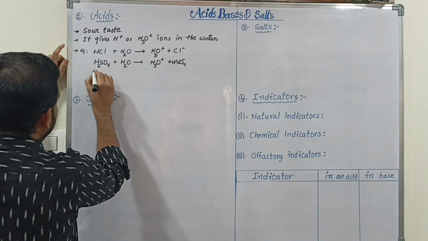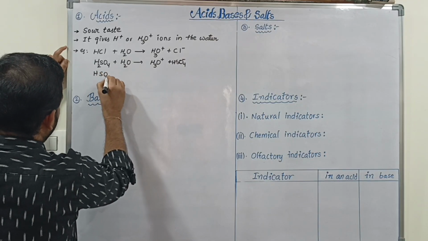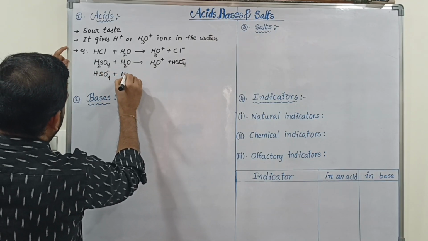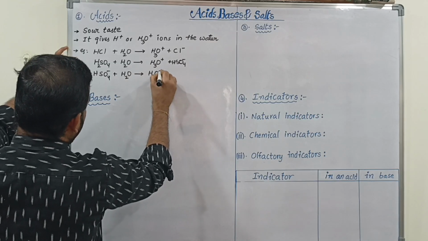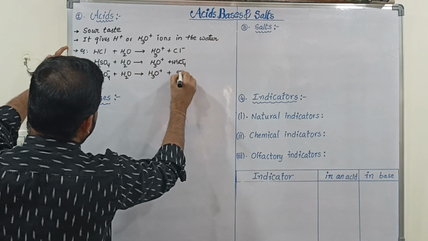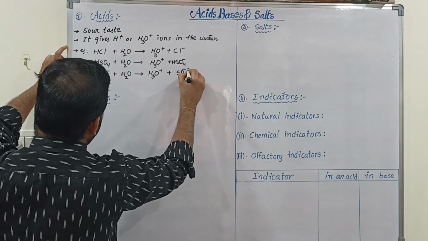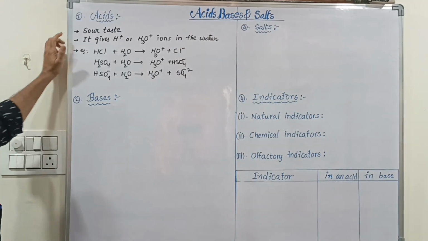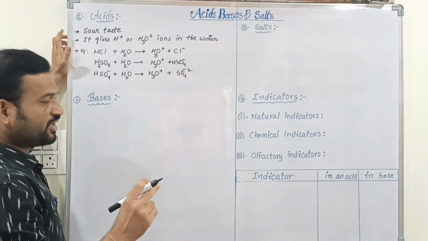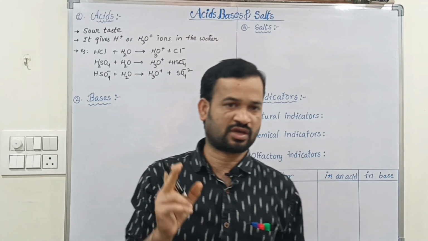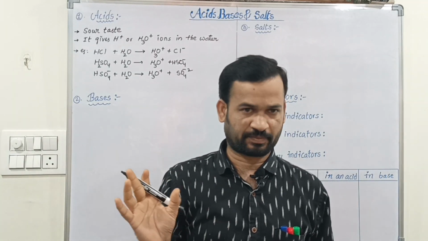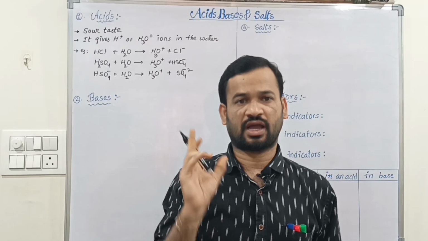Again this HSO4 minus, bisulfate ion, is dissolved in water, forms hydronium ion plus sulfate, SO4 2 minus ion. So like that, acid means the substance which gives H plus ions or hydronium ions in the water. So this is called an acid.